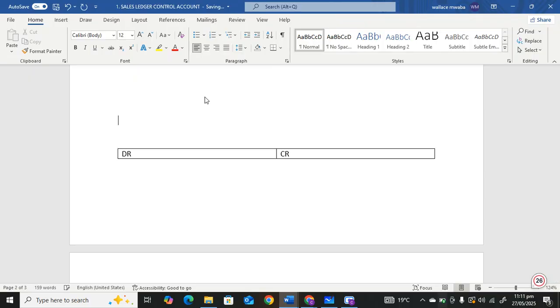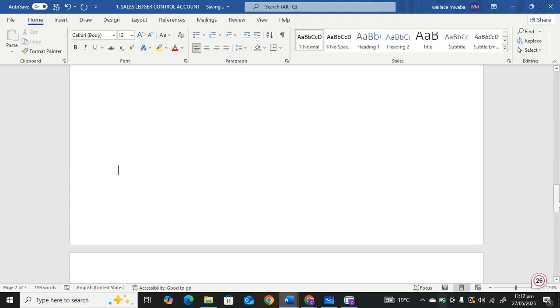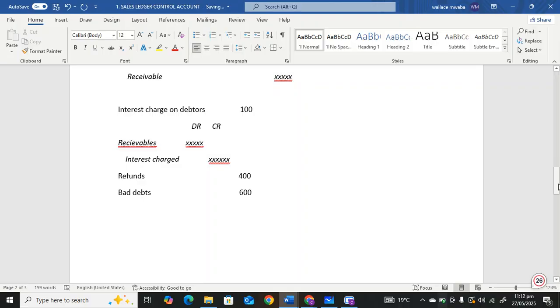Correct. And we're crediting interest charge because it's income and revenue according to the double entry rules. You credit.